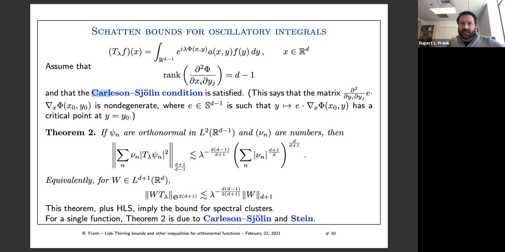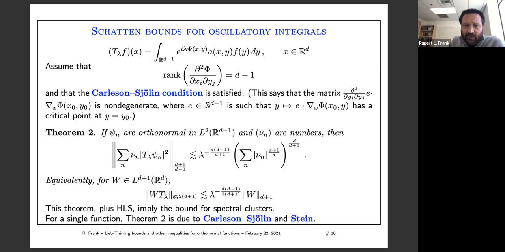And then there's a certain condition due to Carleson and Sjölin, which I don't want to recall because either you know it or you don't, but it's the same condition that we have in the one function case. I should perhaps emphasize, however, that this is an operator that takes functions defined on R^(d-1) and maps them to functions on R^d. That's again a standard thing that one does in this business. And then in some sense, the technical aspect really is to prove a theorem about such oscillatory integrals.